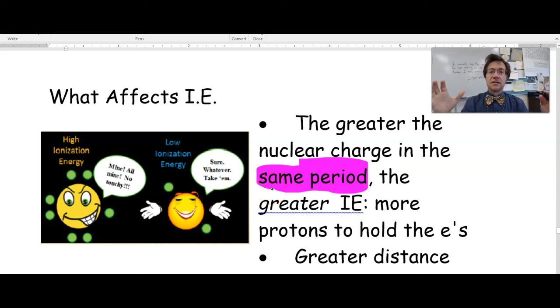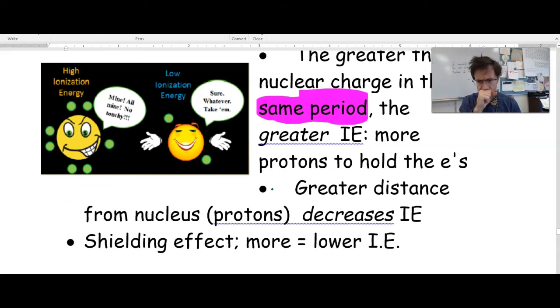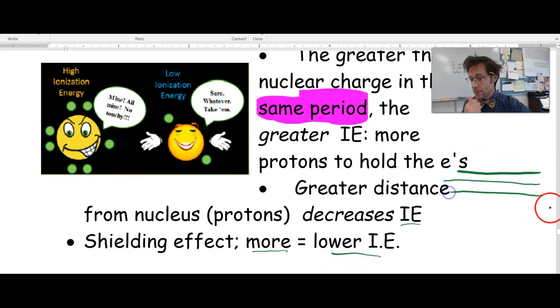So as the atomic radius gets smaller, the ionization energy goes up because those electrons are closer to the protons. It requires a lot more energy to rip those puppies off. Do you guys get what I'm saying? I'm sure you do. So the greater the distance from the nucleus, the lower the ionization energy. The shielding effect, more shielding gives you lower ionization energy, which means if you have a bunch of periods like this on the periodic table, down here you'll have lower, and up here you'll have relatively higher.